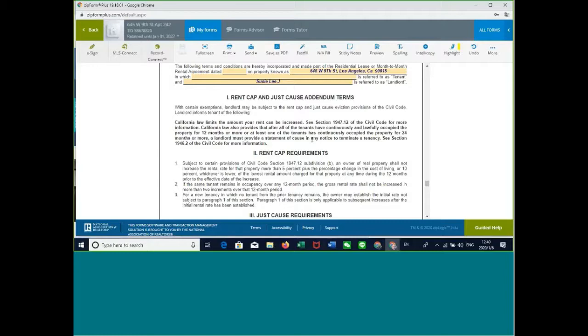Generally speaking, there is no eviction control if you don't allow the tenant to occupy the premises for 12 months or more. So when you sign a lease, you don't ever want to be involved with eviction control. Don't allow them to stay 12 months or more.